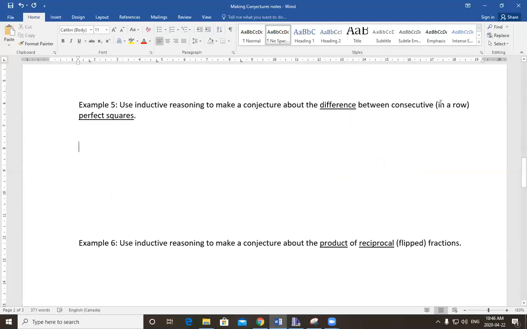Consecutive means in a row, and a perfect square, remember from grade 9 math, is a number that has a whole number square root. So for example, 9 would be a perfect square. The square root of 9 is 3. So that is a perfect square.